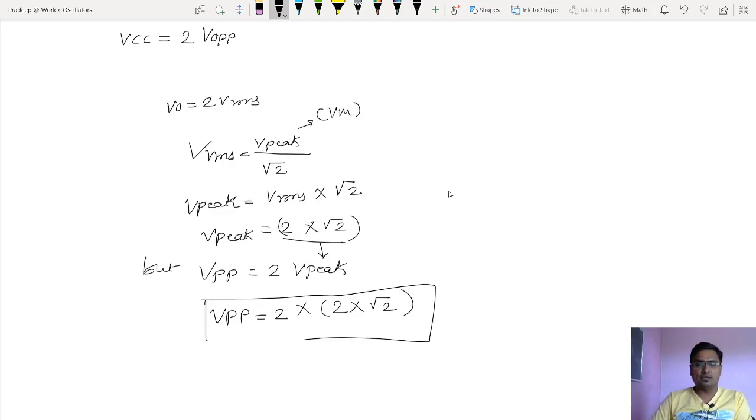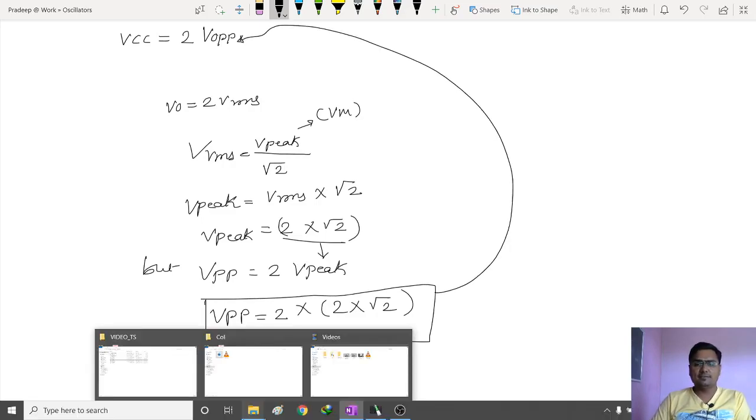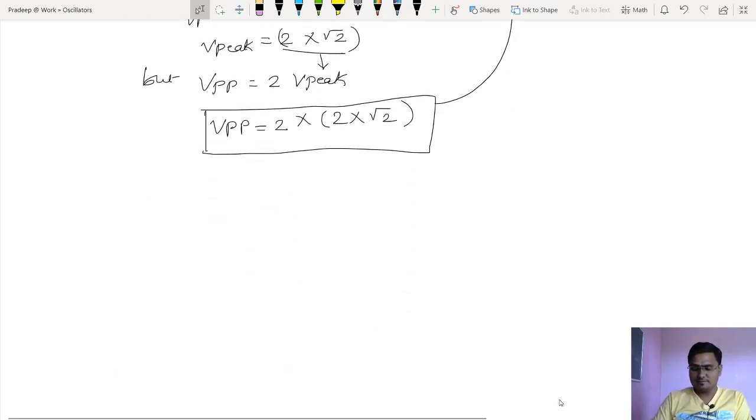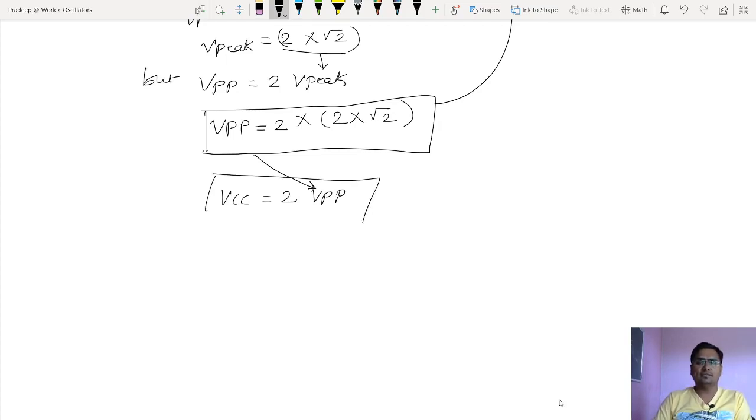Now this value I will put here, and then my VCC will be, look at this, twice of V peak to peak. No problem at all. So this is how I can select the value of VCC.